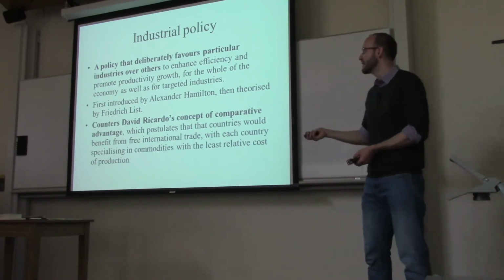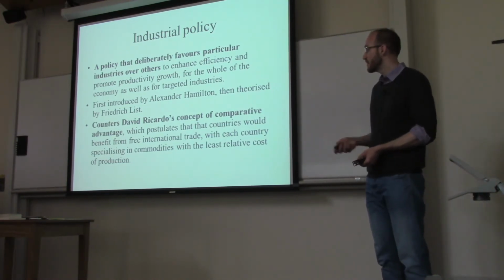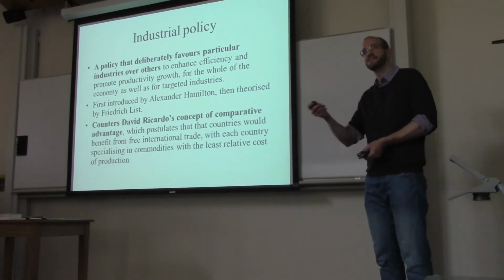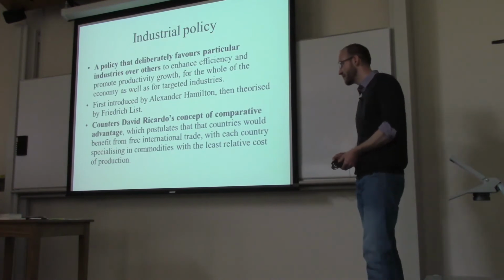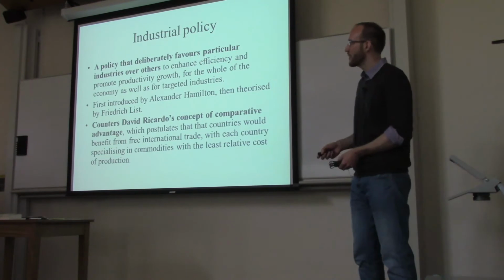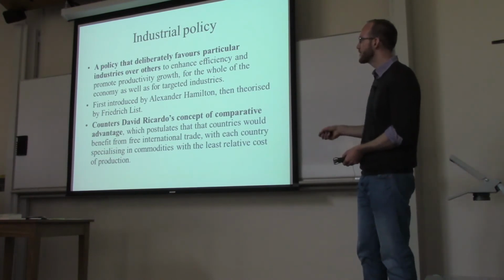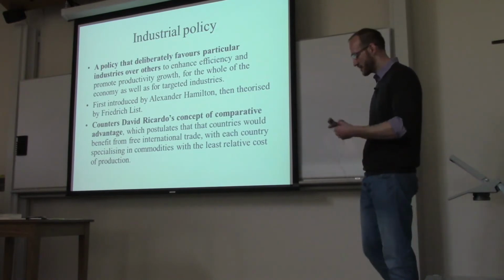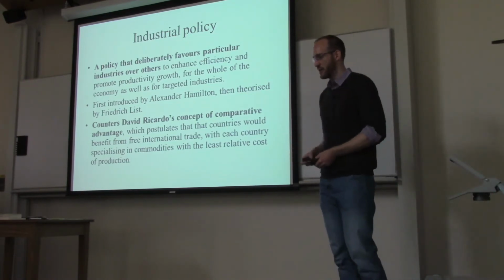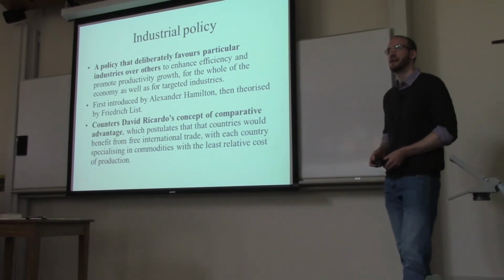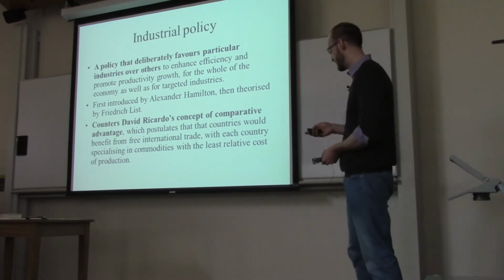Some of you might have studied the theory of comparative advantage, or variations of this, the Heckscher-Ohlin-Samuelson theory, in your international trade courses in economics. I don't think that theories of industrial policy are that prominent. So this is also an attempt to bring in an alternative view of policies that can be used for economic development.